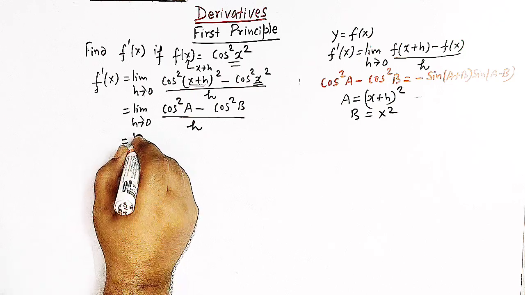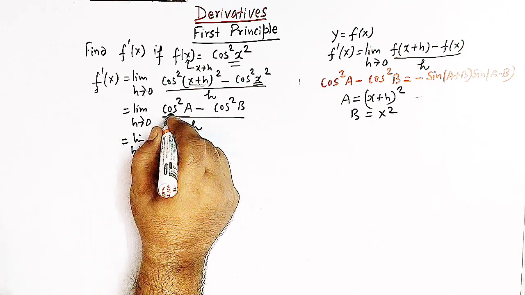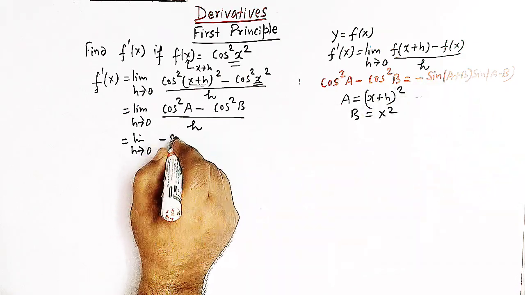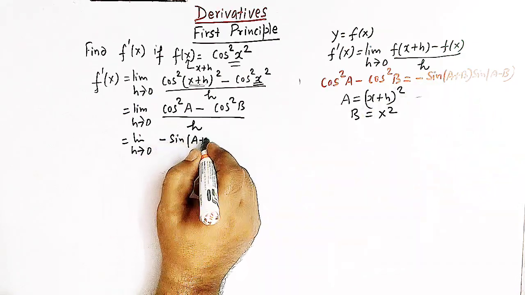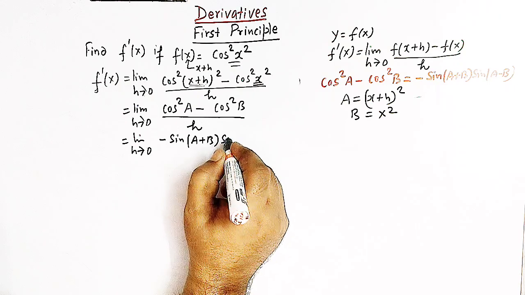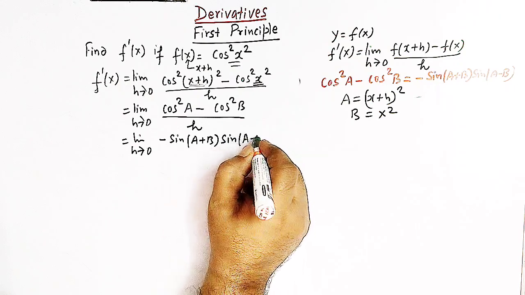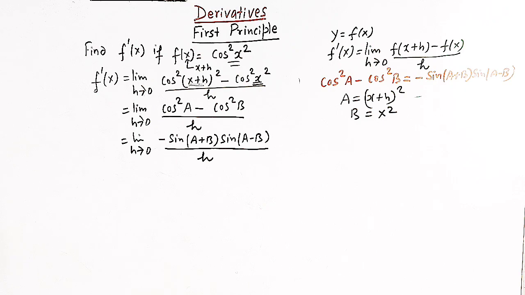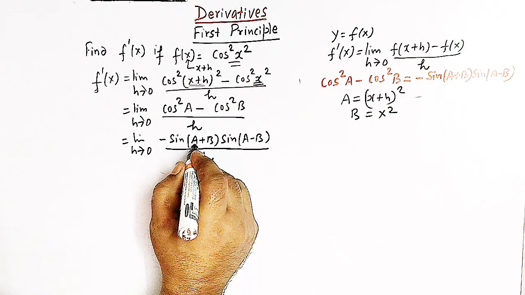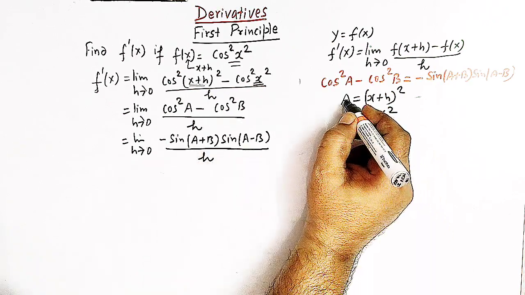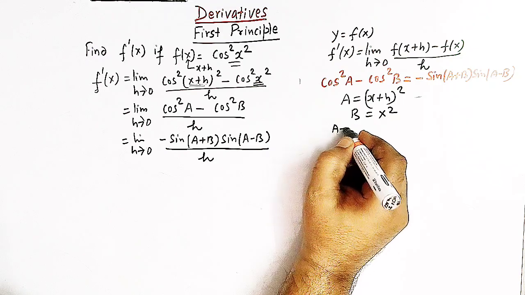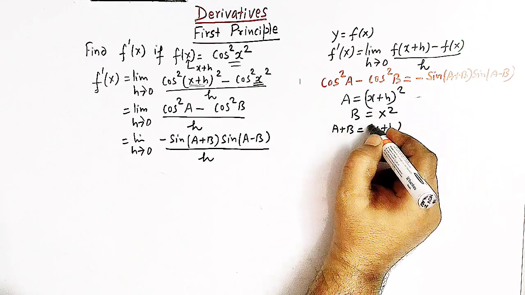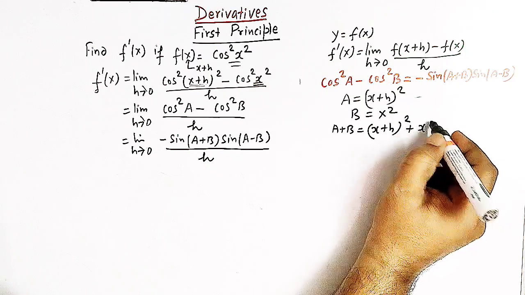So now we can write limit h tends to 0, cos square a minus cos square b is the negative of sine a plus b, and here we have sine of a minus b divided by h, right? Okay, so now let us calculate the sum of a and b. So a plus b is now equal to x plus h square plus x square.